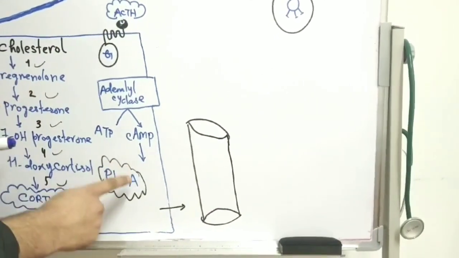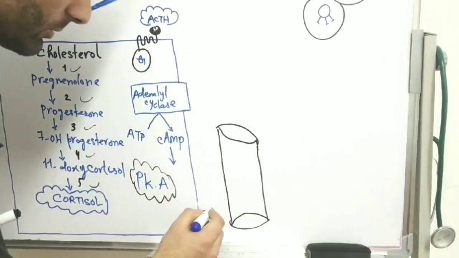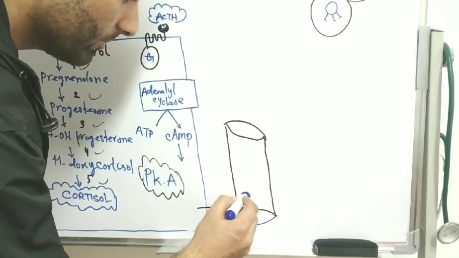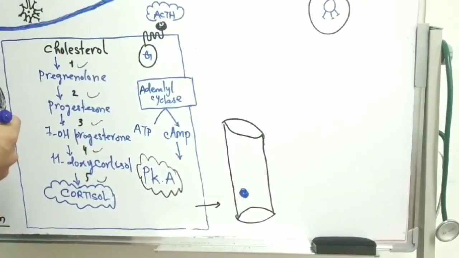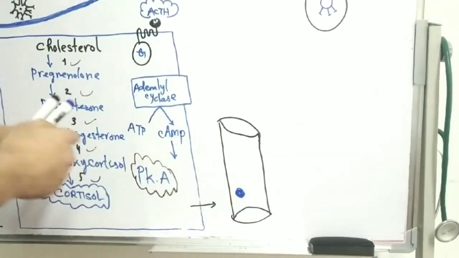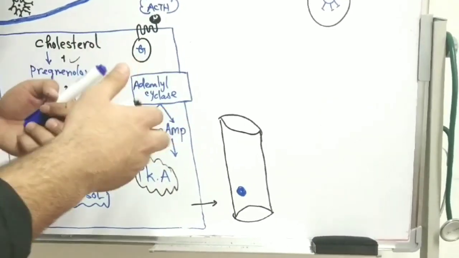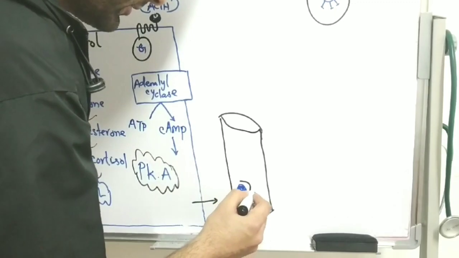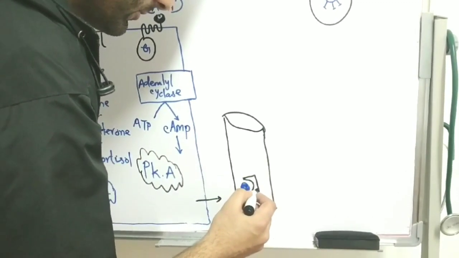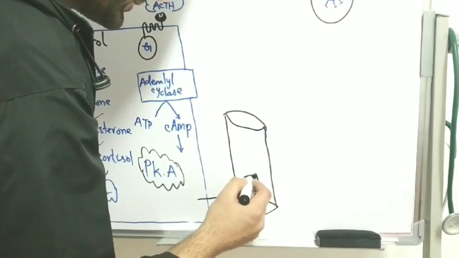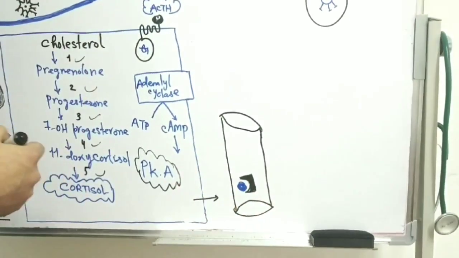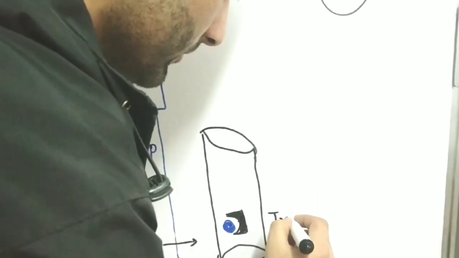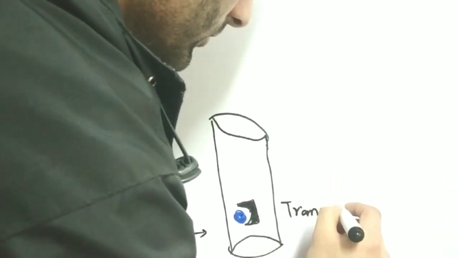Suppose cortisol is here, I will show it in blue color. Here is your cortisol molecule. It is transported by a carrier protein which is known as transcortin. Suppose this is that transcortin.